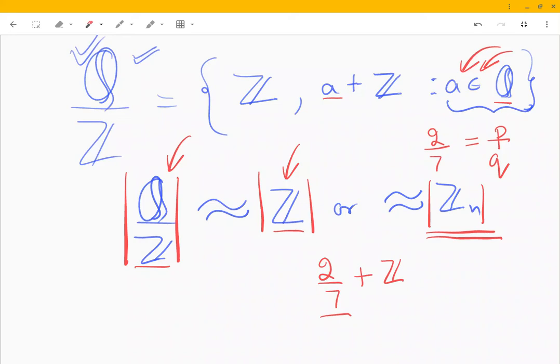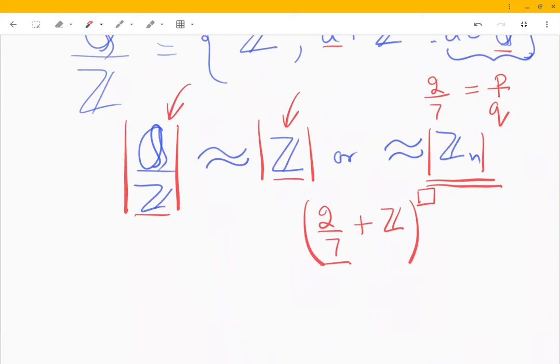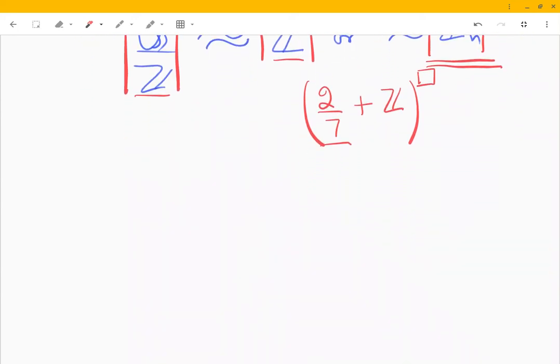Interesting. Okay, so the order of this element is how many times I need to operate this. I am assuming you're aware of this, so I'll just use it. 2 by 7 plus z, operated on b plus z.